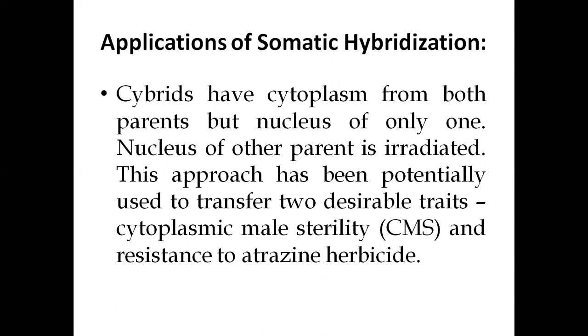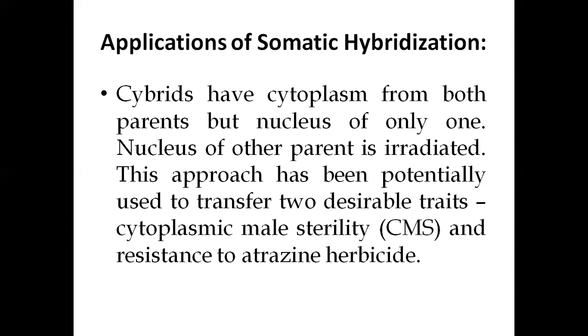Such type of asymmetric hybrids are called cybrids, and the process is called cybridization. Cybridization is the process of production of the cybrids. Cybrids are the hybrids having the cytoplasm of the two parents and the nuclear component of only one parent.